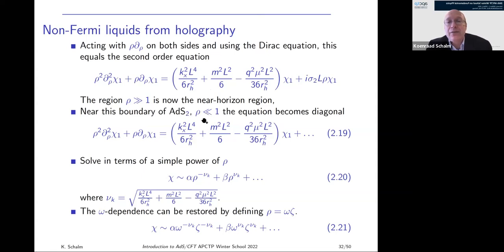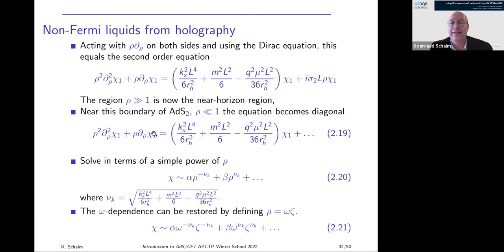However, if I take the regime where rho is very small, that is the boundary, now not of the full space-time, but the boundary of this ADS2 region. So in other words, it's the regime where you're close to this matching point. And the key part of it, when rho is very small, is that this off-diagonal term disappears. And I am left with a completely diagonal solution in rho, or in the bispinor chi1.